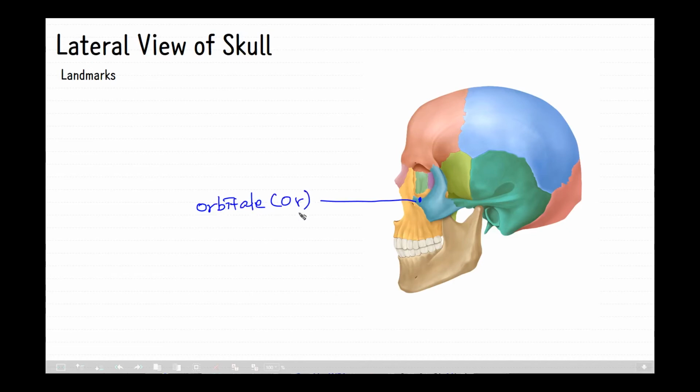And the frontotemporal, which is the craniometric point located at the most anterior point of the temporal line. The temporal line is located like here as a superior and inferior temporal line, and the most anterior point of this temporal line in the frontal bone. So this is the frontotemporal.